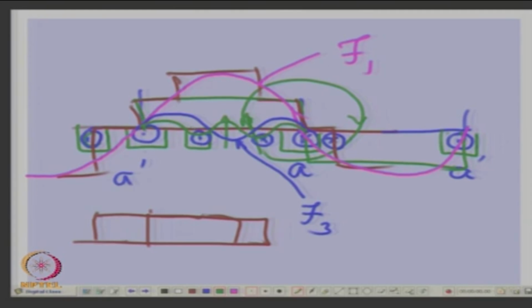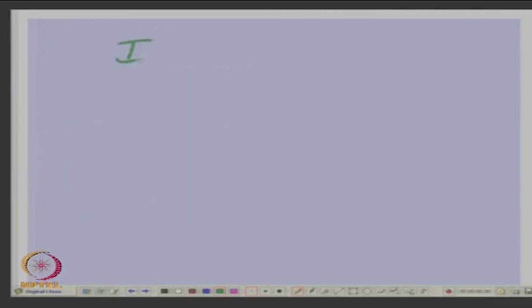So, this may be F5. In effect your MMF will have F1 plus F3 plus F5, etc. In general, the MMF will be sigma Fn, n equal to 1 to infinity.